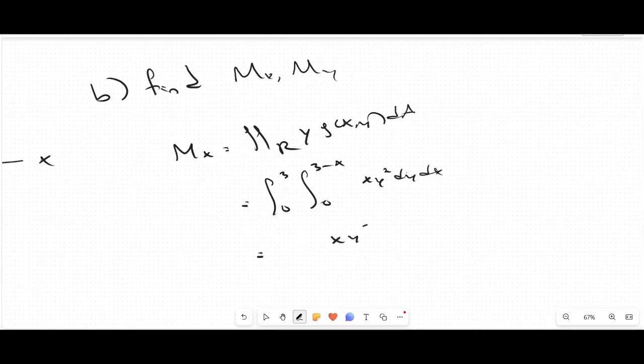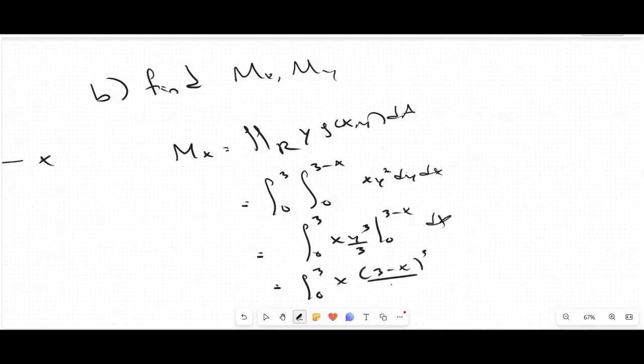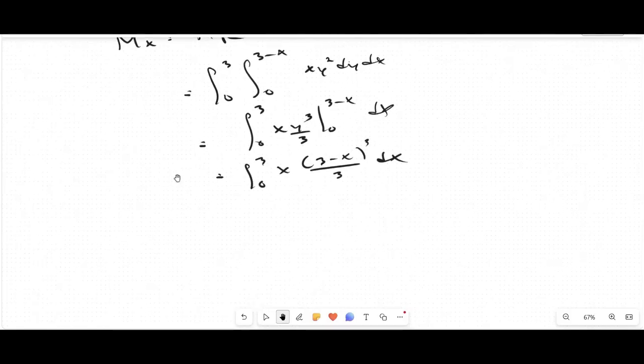So this is now x y cubed over 3 from 0 to 3 minus x dx. This is the same as 0 to 3 minus x cubed over 3. Oh, there is a way I can do this that's easier, actually, I think. Does that work? No, that doesn't work.